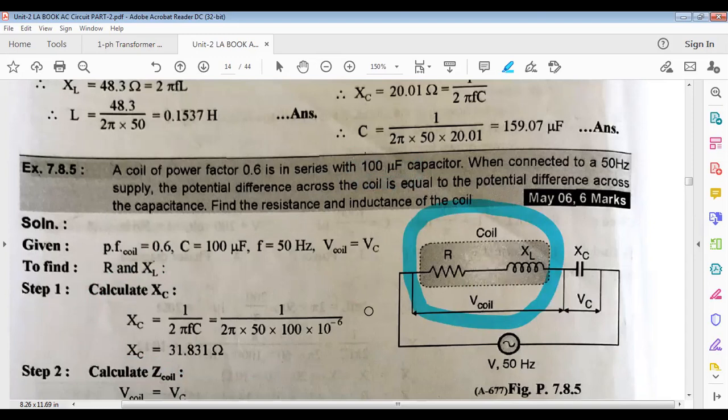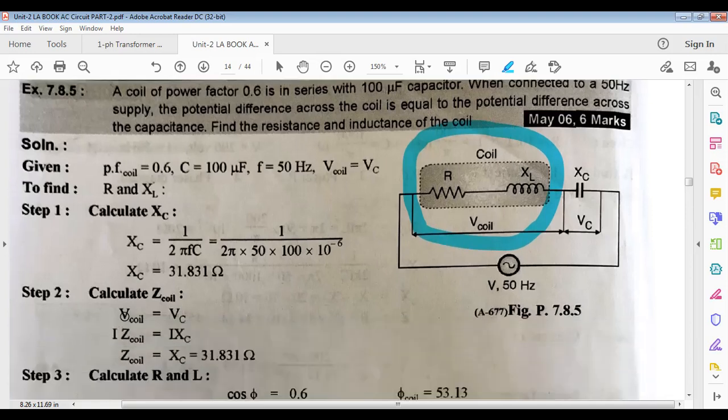I into Z coil. Very good. And Z coil is what? R plus JXL will be the Z coil, isn't it?